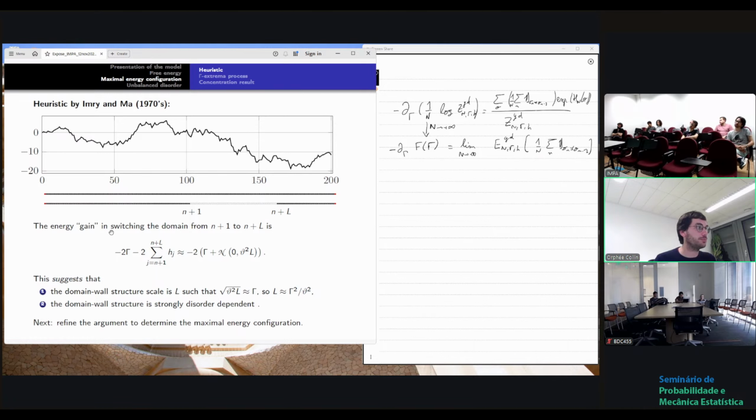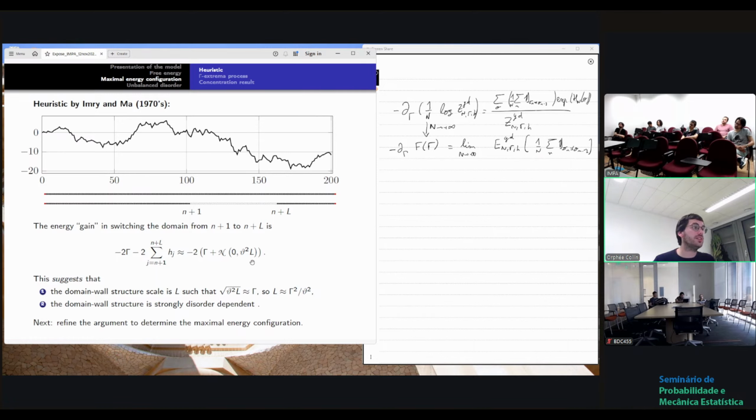If we do so, this modifies the energy by -2 gamma, because we have introduced two walls. And we also have this modification because instead of counting the h_j's positively, we now count them negatively.